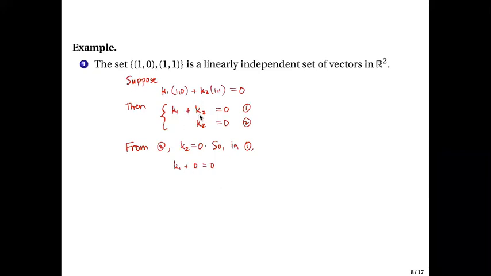Therefore this system implies k1 equals 0 and k2 equals 0.